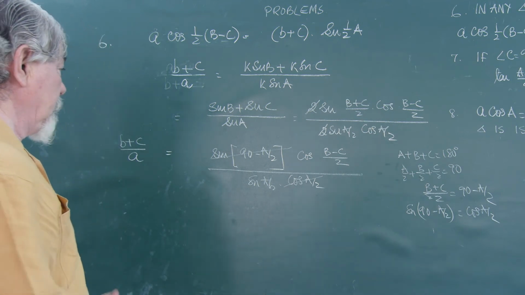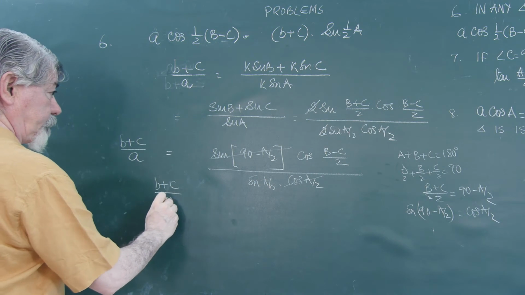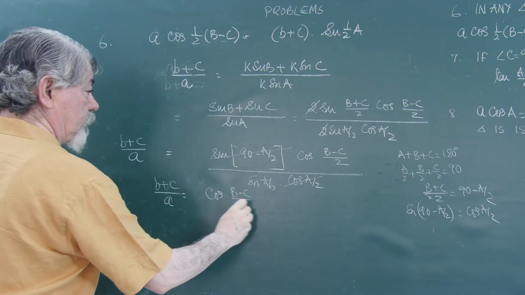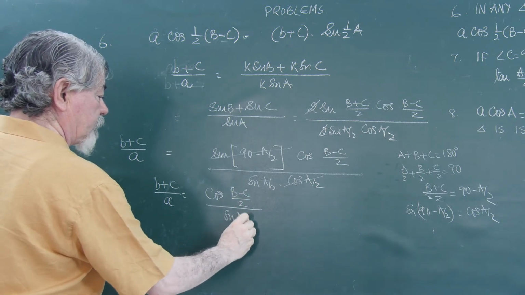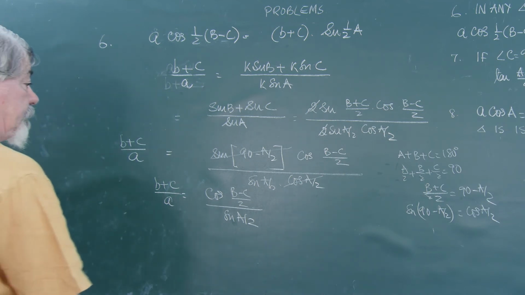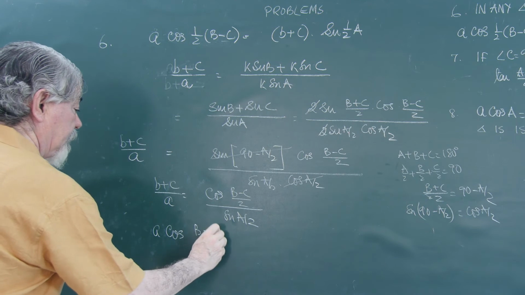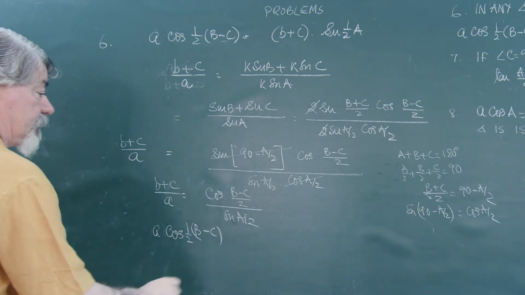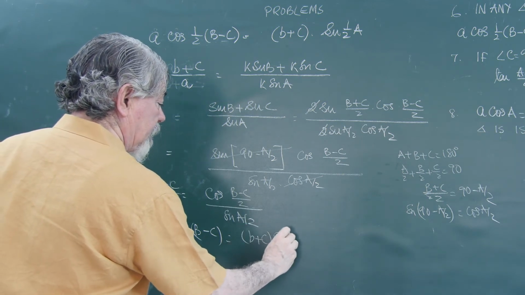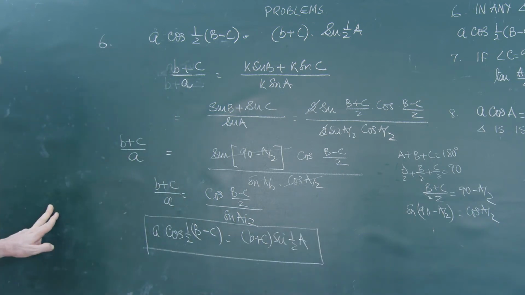What is left is (b plus c) upon a equal to cos (B minus C) upon 2 upon sine A upon 2. Now cross multiply them. You will get a into cos (B minus C) by 2 is equal to (b plus c) sine half A. This is what you have to prove.